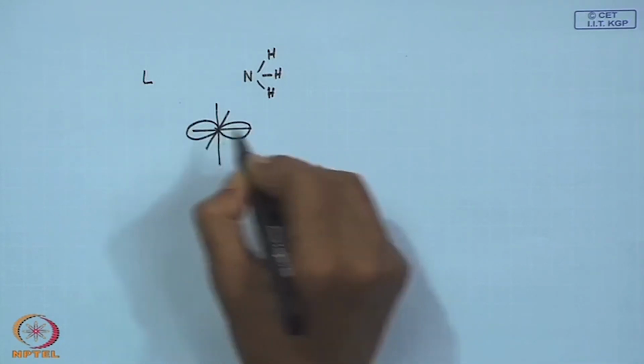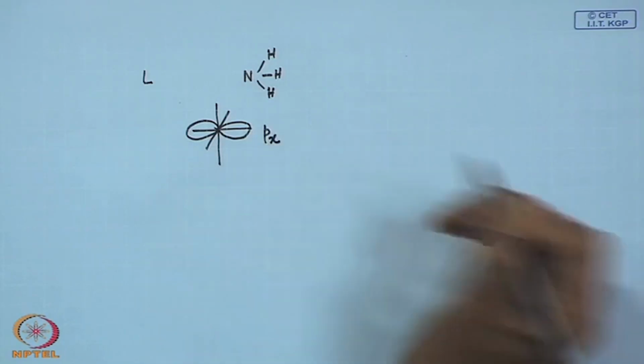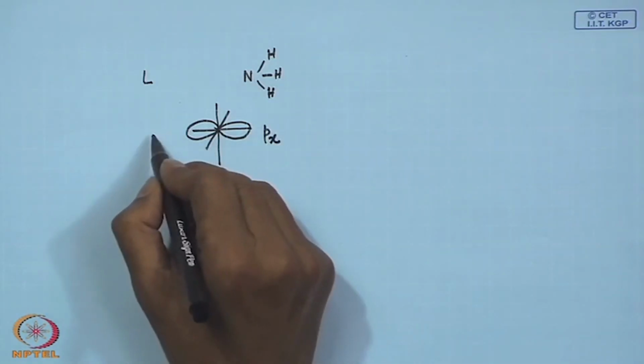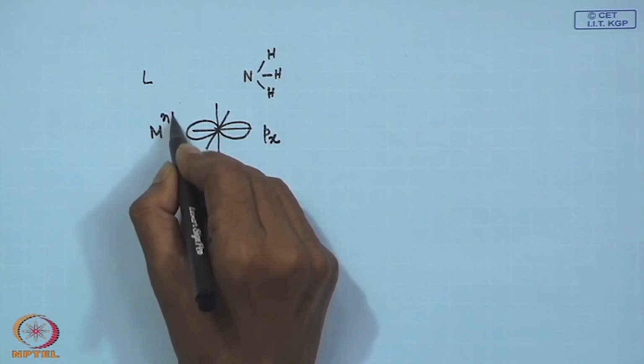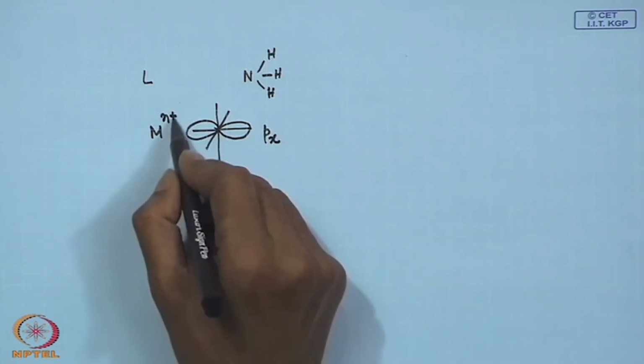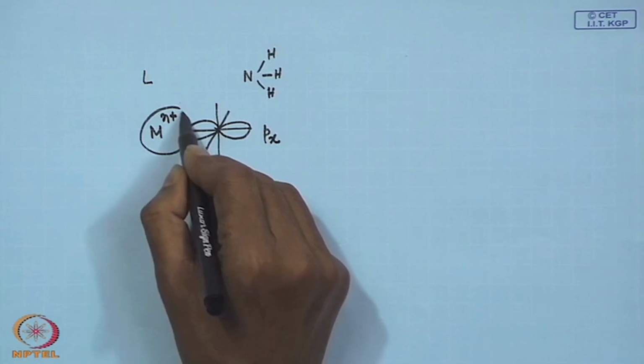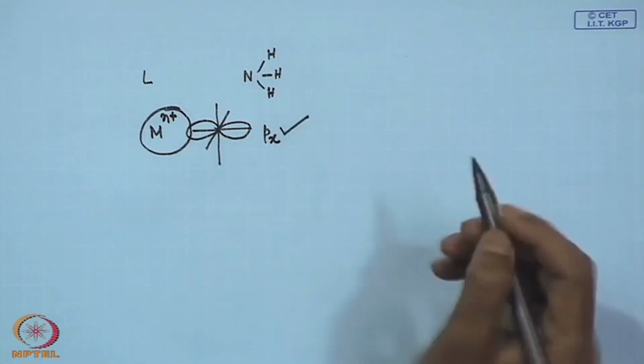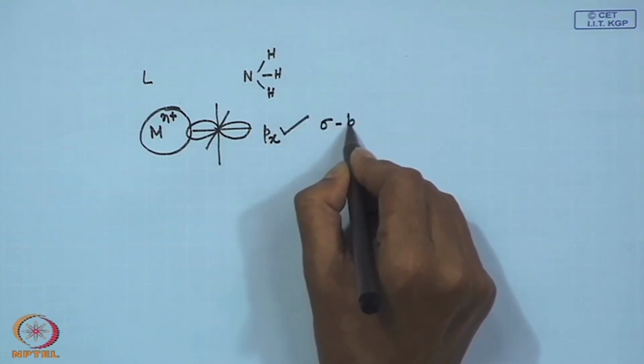Say the px orbital we have utilized to overlap with the metal ion. So, already we have considered this one particular orbital. This px is gone for sigma bonding.